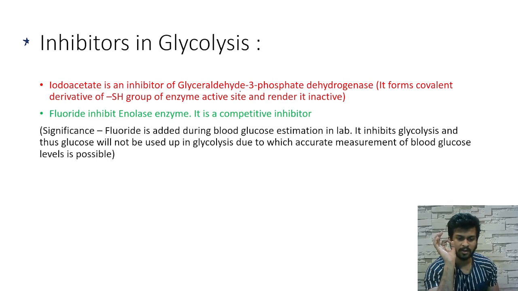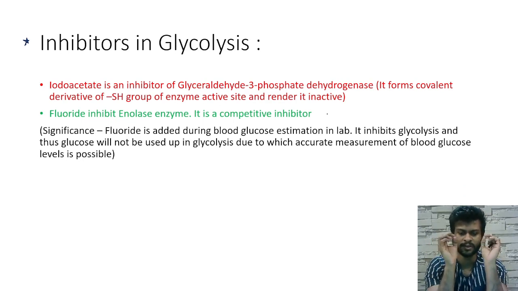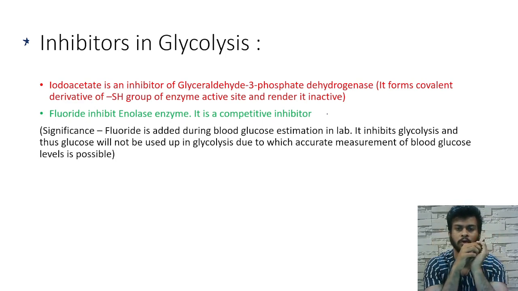Iodoacetate is an inhibitor of glyceraldehyde 3-phosphate dehydrogenase. It forms a covalent derivative of the SH group of the enzyme active site and renders it inactive. You just need to understand this one statement. You don't need to study the catalysis mechanism of this enzyme in detail, because we are students of life science and not of chemical science, because the catalysis mechanism is very, very difficult.